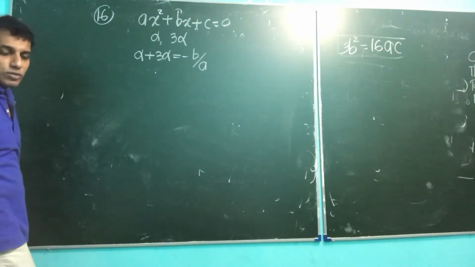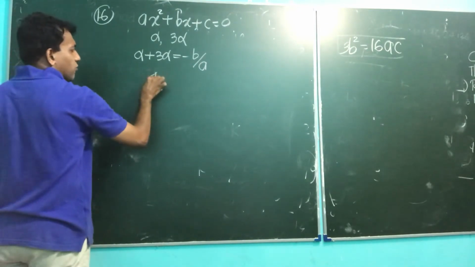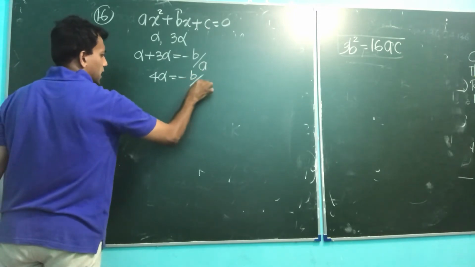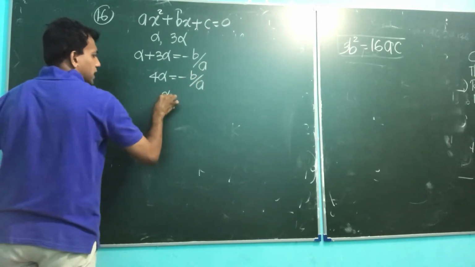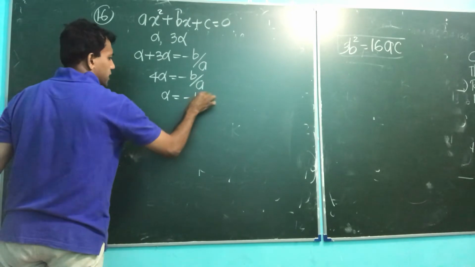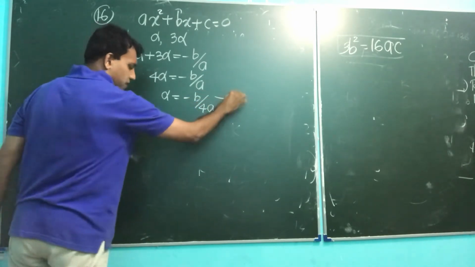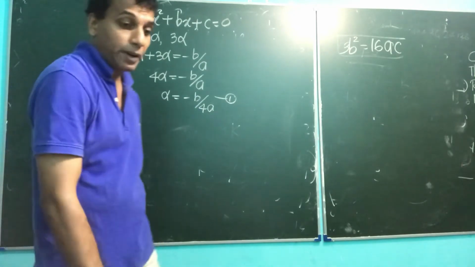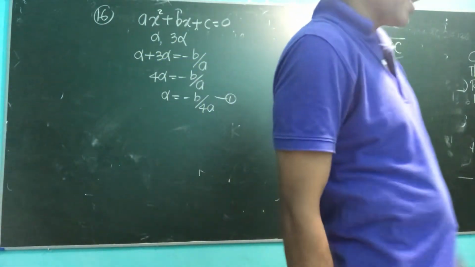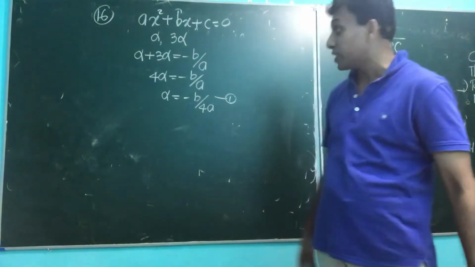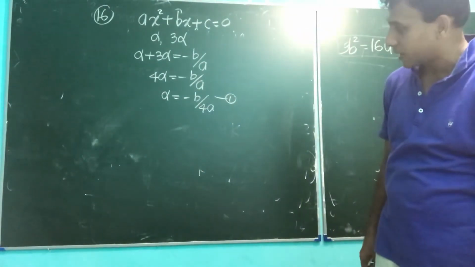What is alpha plus 3 alpha? 4 alpha equals minus b over a. So alpha equals minus b over 4a, right? That's my first step, I eliminate the alpha. One root is that; the other root is 3 times that.